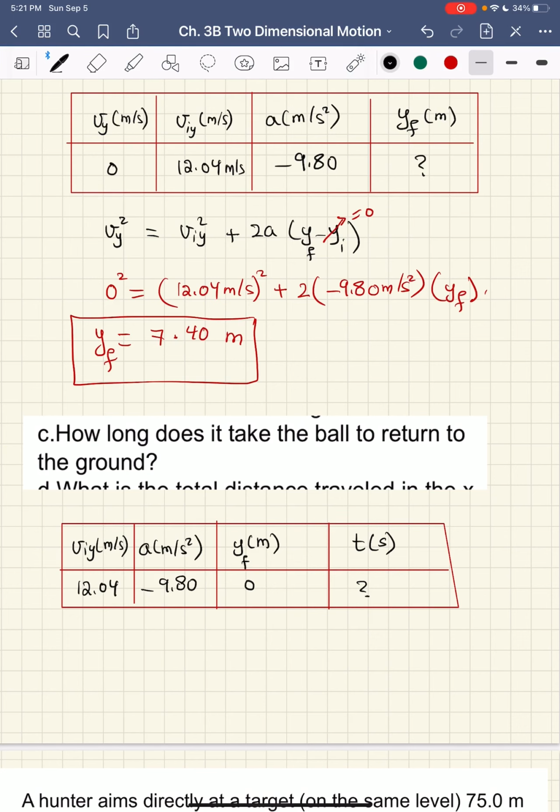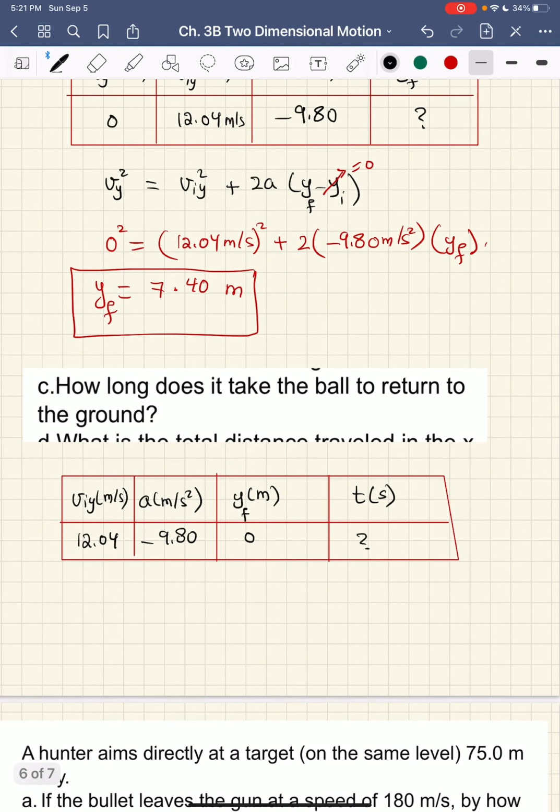Okay, now what we can do here is say y final minus y initial equals Viy t plus 1/2 ay t squared.